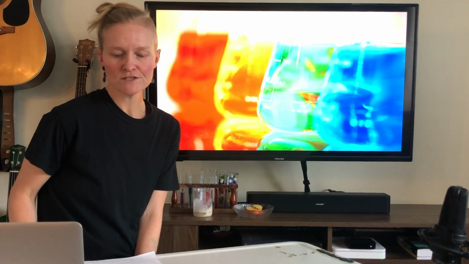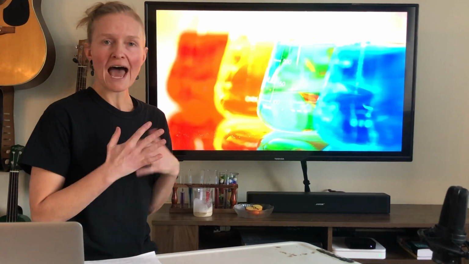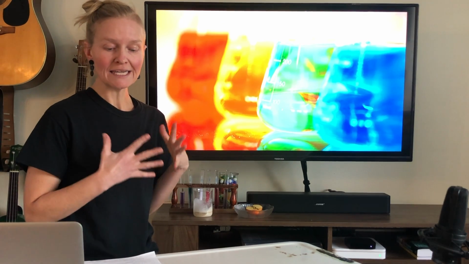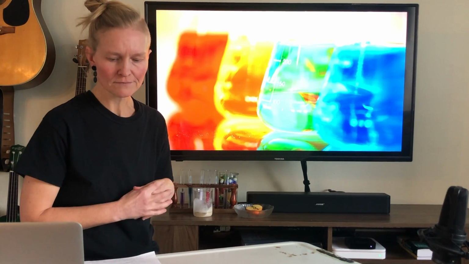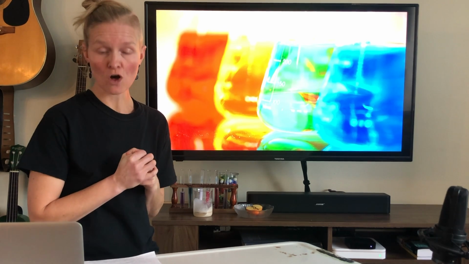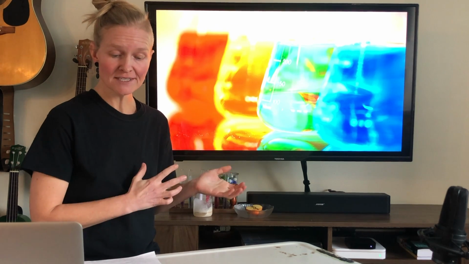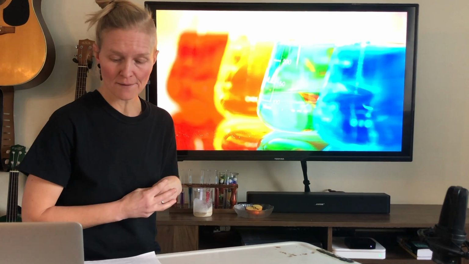The definition of a solution is two or more substances or compounds mixed together very well so that all the atoms and molecules are evenly distributed. And remember, that's called a homogeneous solution. Solutions always have one solvent, and that is the substance that is present in the greatest amount.